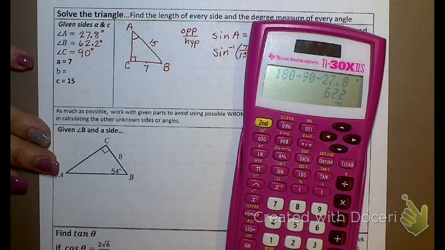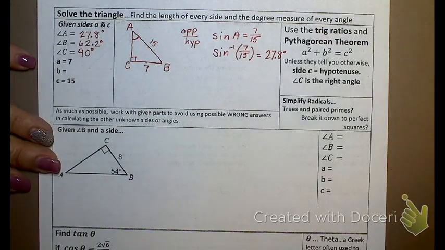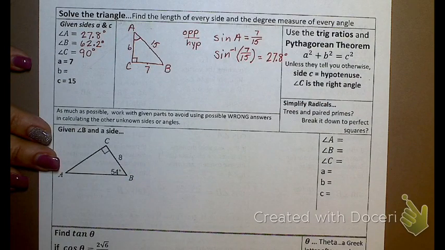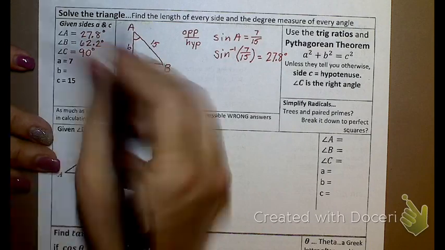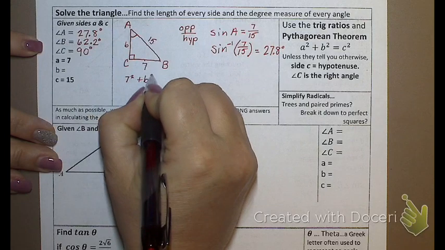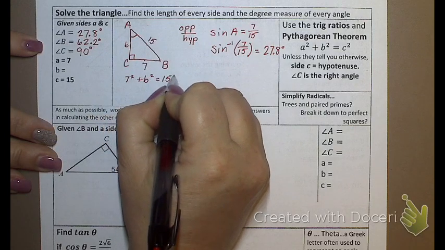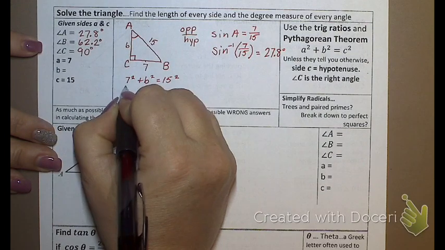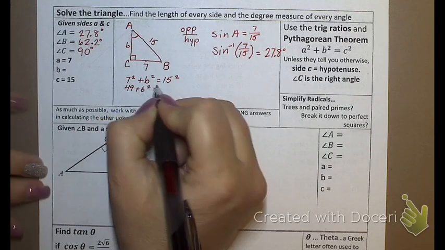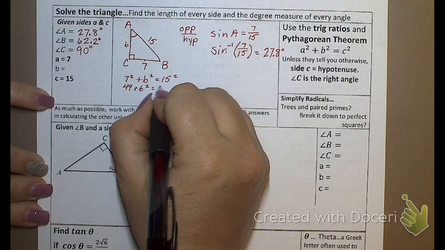Okay, so far so good? I have one more thing to find. Little b. How do you think I can find little b? Pythagorean theorem. I could use trig if I wanted to, but I don't need to. I'm going to say 7 squared plus b squared equals 15 squared. What is 7 squared? 49 plus b squared equals, what's 15 squared? 225.